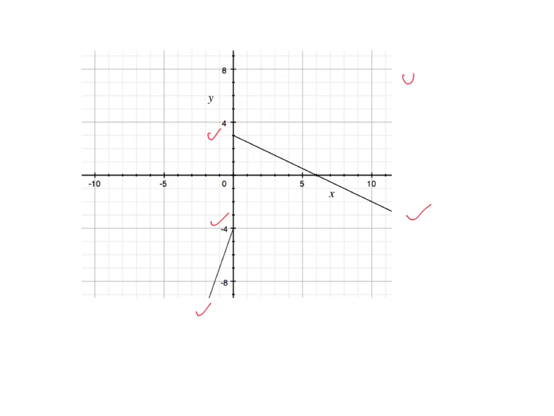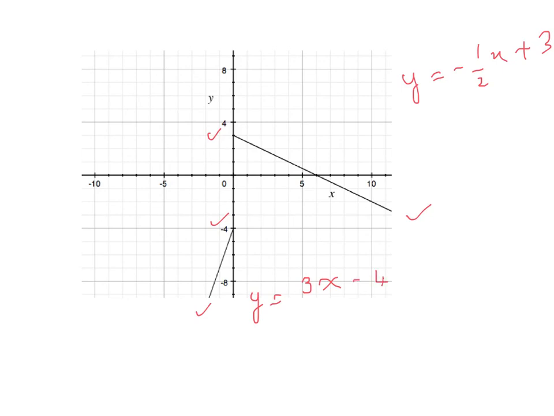Now let's quickly find the equation of this line. The equation of this line is y equal to, what is the m here? m here will be, let's count, 1, 2, 3, so it is negative 3 over 6, which is negative half x plus 3, right? And the equation of this line will be y equal to 3x minus 4, right?